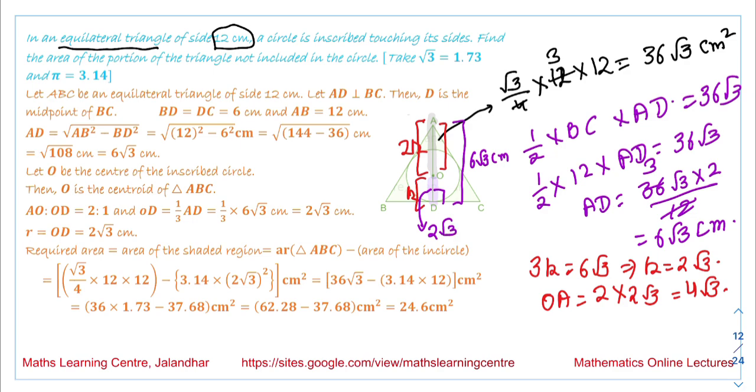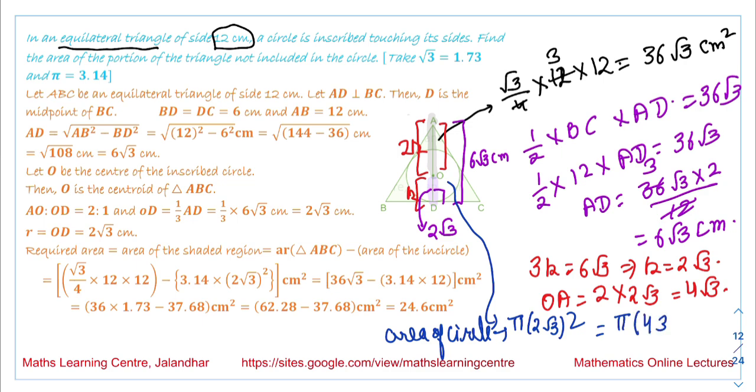So the area of this circle is pi into 2 root 3 square. The answer comes out to be pi into 4 into 3, so it is 12 pi, and when we calculate these values we will get 37.68 centimeter square.